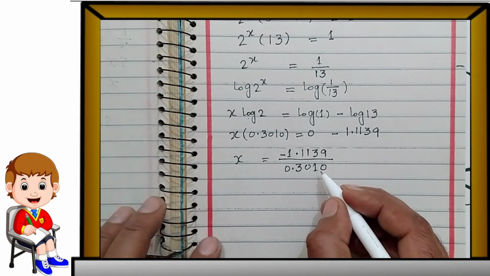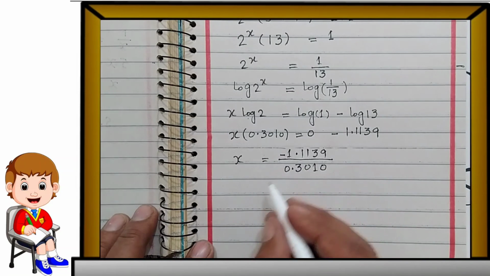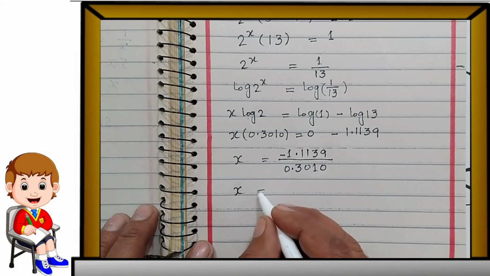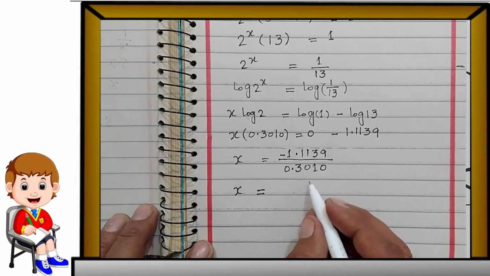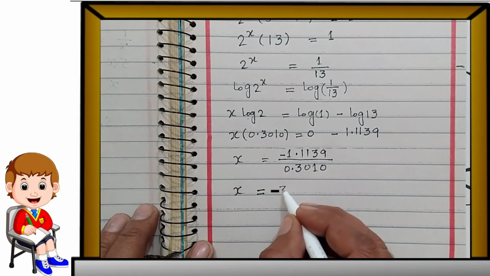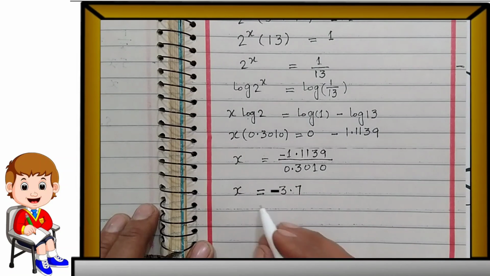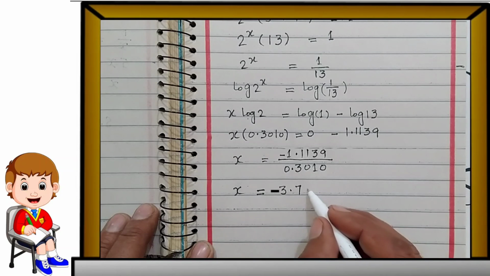Now with the help of calculator we divide it, and here the value of x is equal to minus 3.7, and it is the correct answer, dear students.